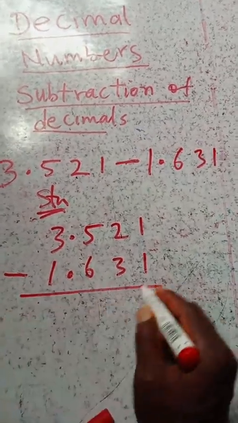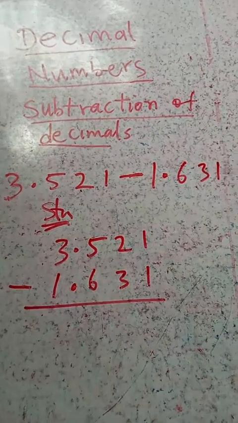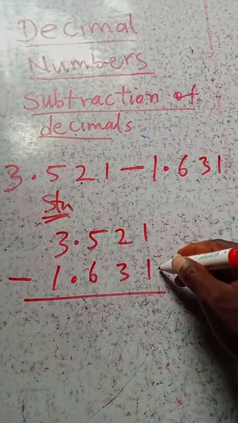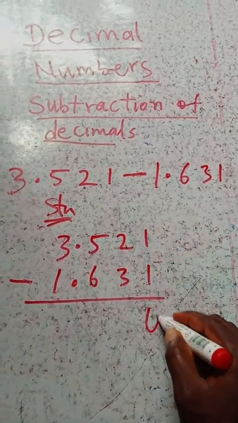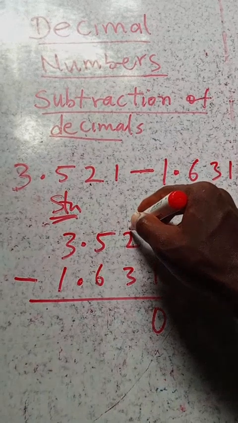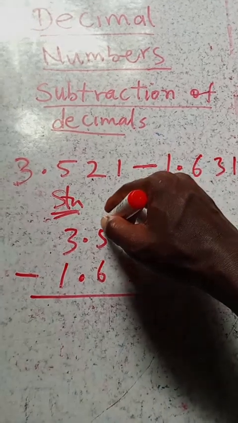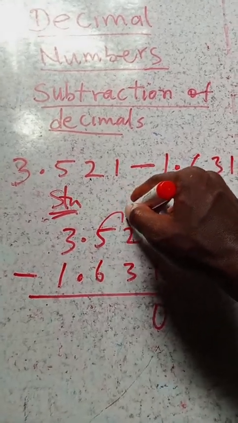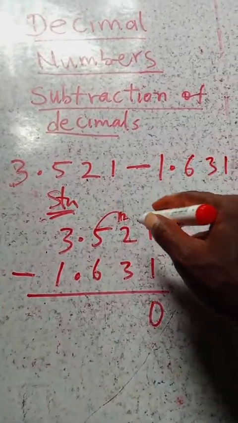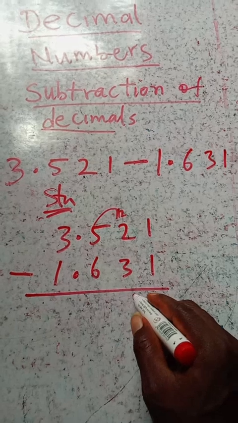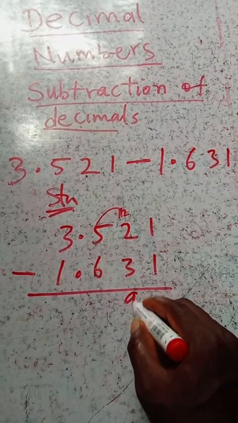All right, so you do your normal subtraction. So here 1 minus 1 is what? 0. 2 minus 3, you cannot, so you go borrow 1 from 5, okay, to this, it will now be 12. Okay, so 12 minus 3 is what? 9.